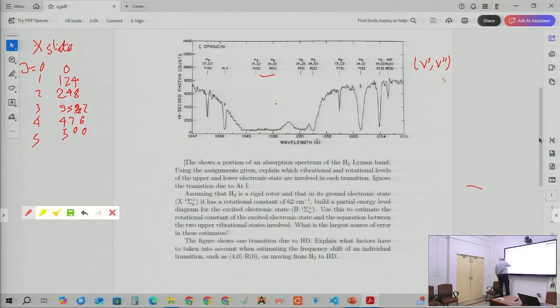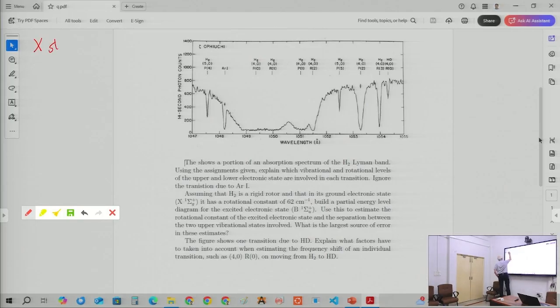I got that wrong. Sorry, I've done this wrong, haven't I? I've been adding 2B to everything instead of 2BJ to everyone. So let's scrub that and do this again. I knew it wasn't right.